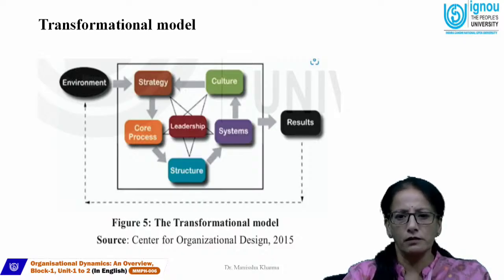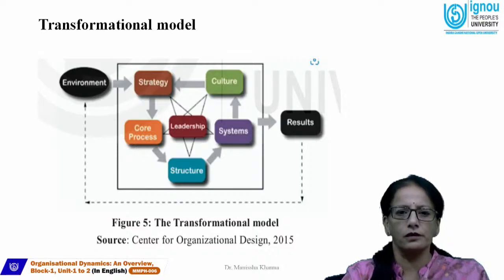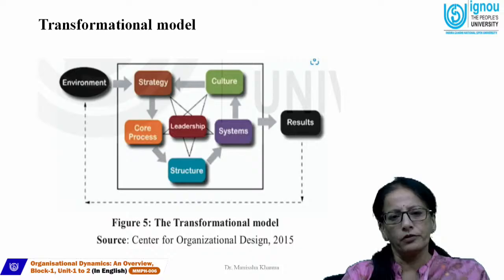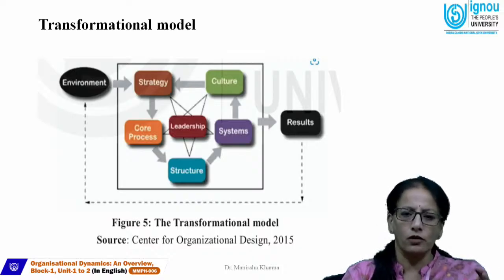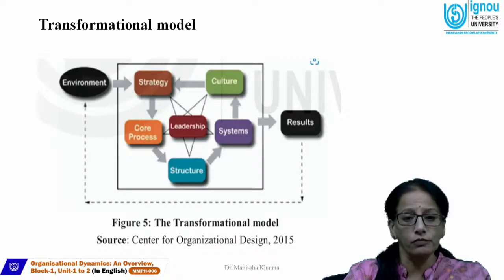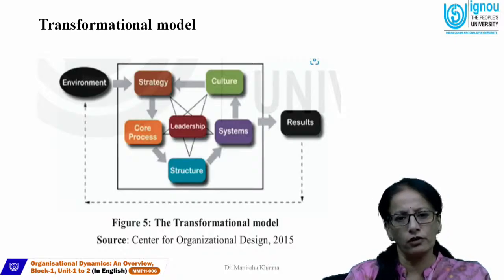The Weisbord 6 box model is a medium between the outside environment and the result. All the 6 elements are again the strategy, the culture, the leadership, systems, the core purpose and the structure of an organization.